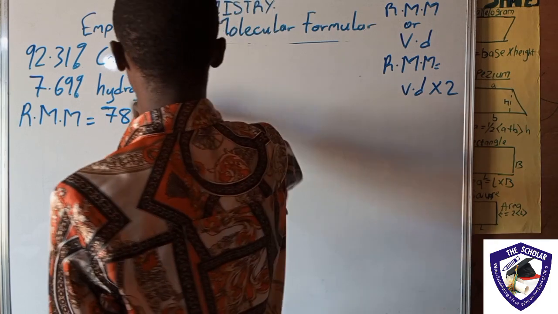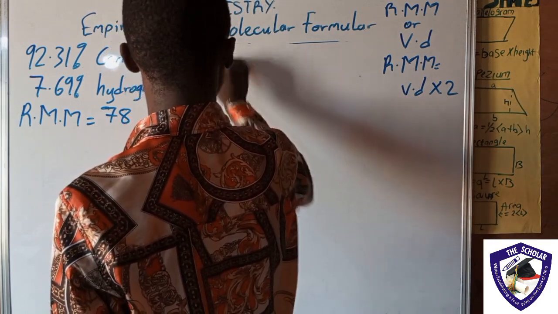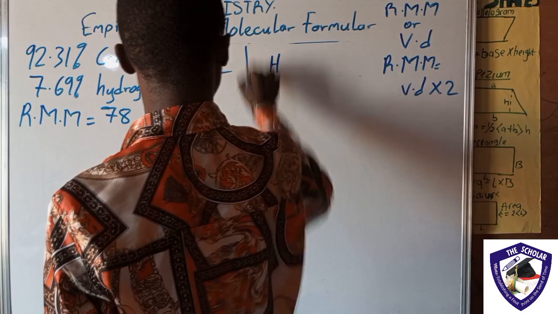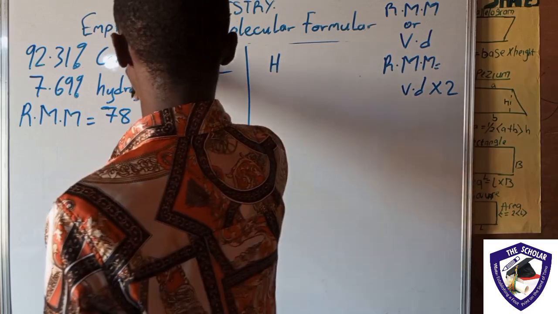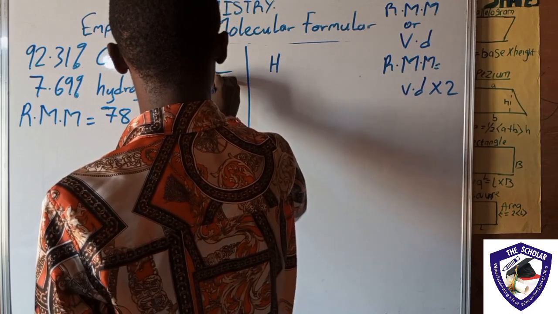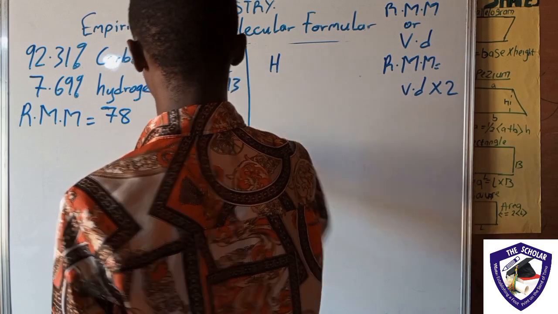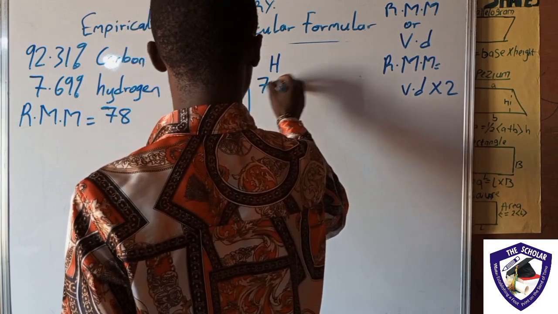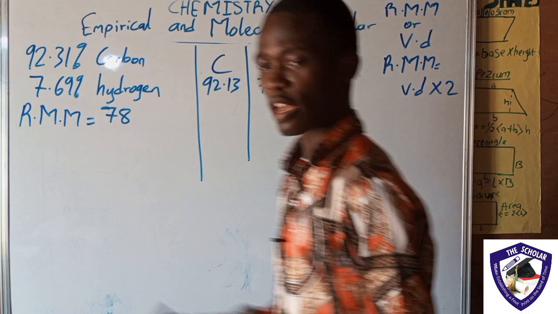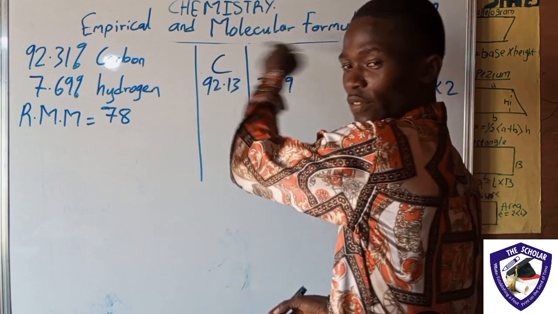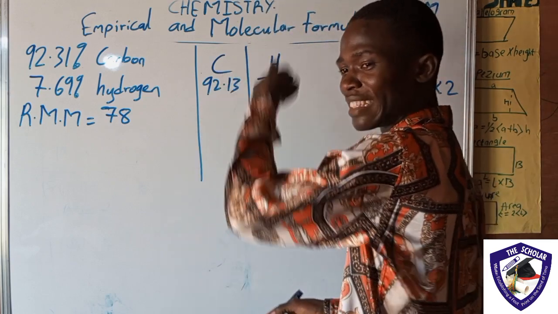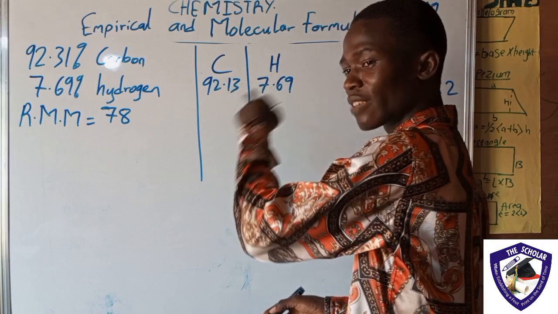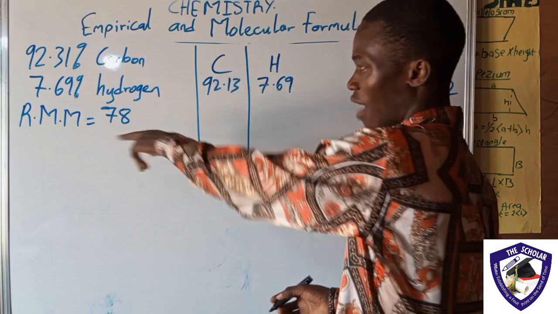Now we write the reacting elements, carbon and hydrogen. The percent of carbon 92.13, for hydrogen 7.69. Then you divide each of the elements by their what? By their relative atomic mass, RAM, not RMM.